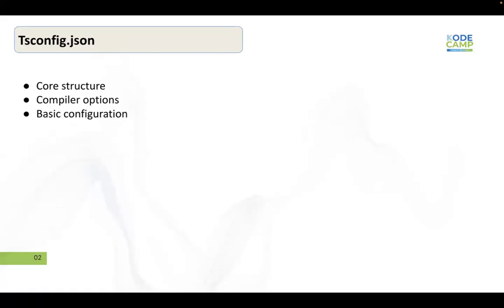Okay, so first things first, we have tsconfig.json here. Under tsconfig, we'll be looking at the core structure, compiler options, and the basic configuration. You know, it has a whole lot of configurations. So before we do this, let's get our project ready.